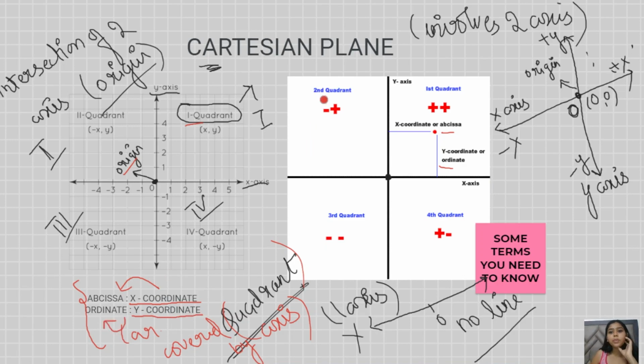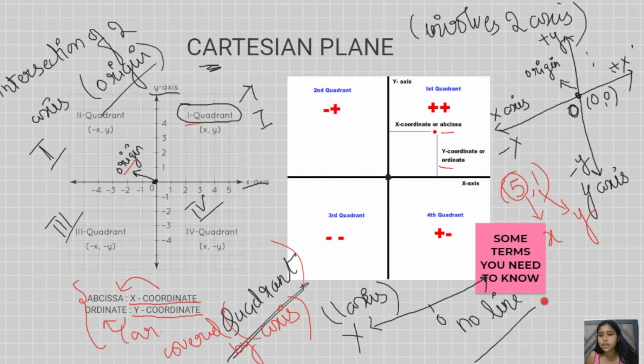When we plot a particular point, let's take an example, a point 5 comma 1. In my previous lesson on linear equations in two variables, I told you that the first number, or first constant, is always the x coordinate and the second one is always the y coordinate.